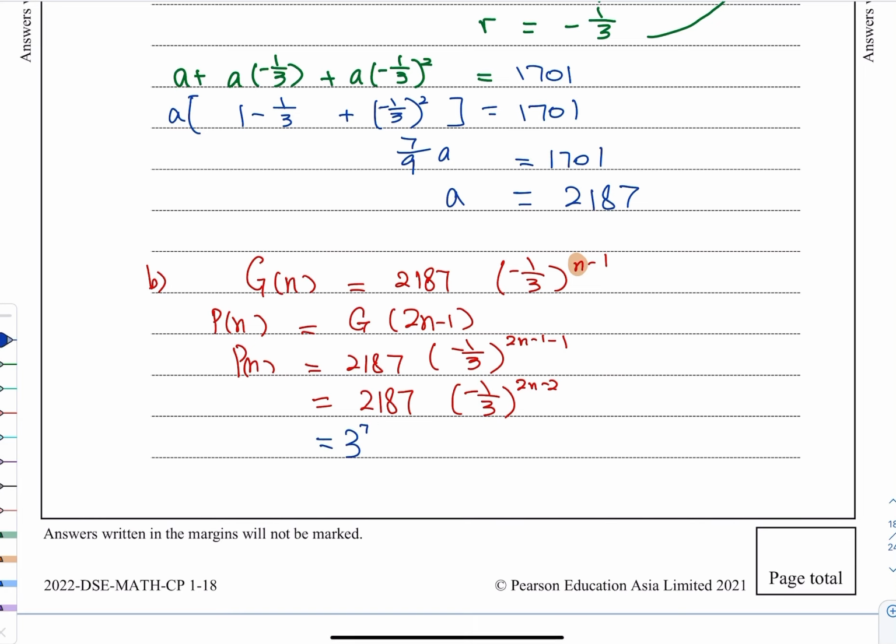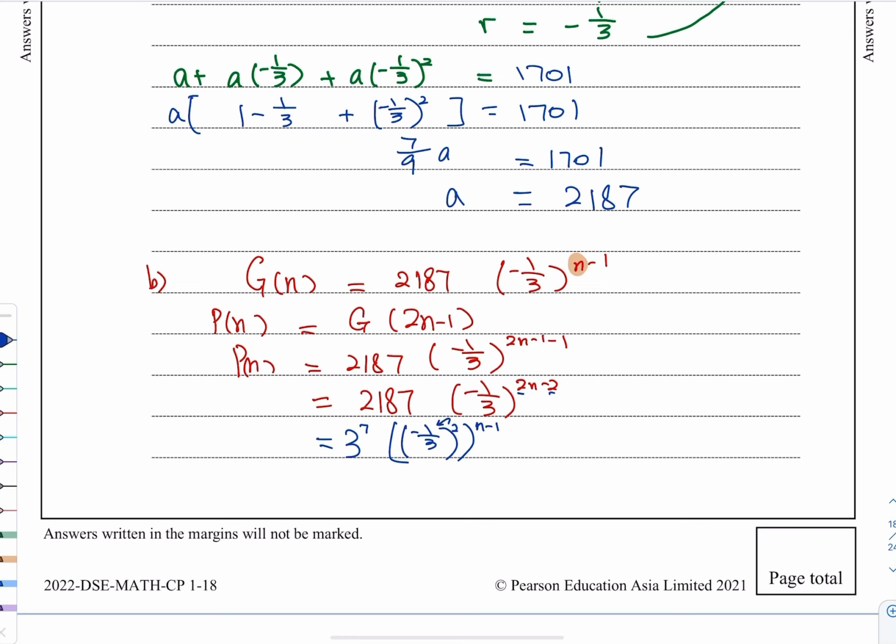And then this one, now it's a negative 1 over 3. If I want to move this 3 to the top, what can I do? You can make the powers the opposite sign. So negative first, will that negative disappear or not? We will know in a while. How? First of all, if I take this 2 common, then it will be negative 1 over 3 to the power 2, and then n minus 1.